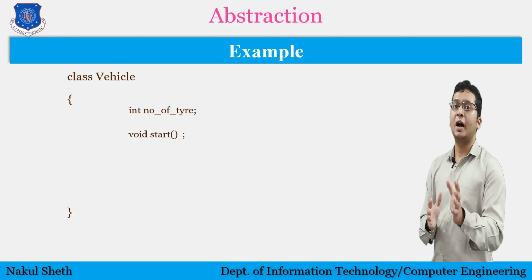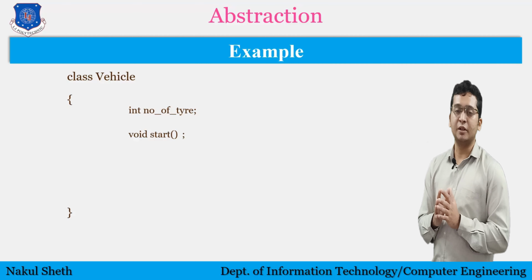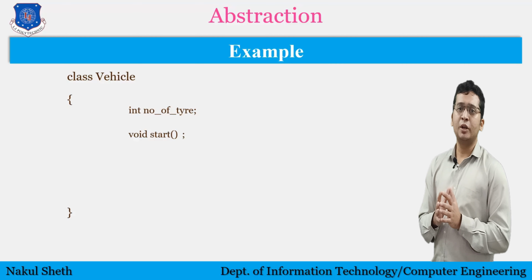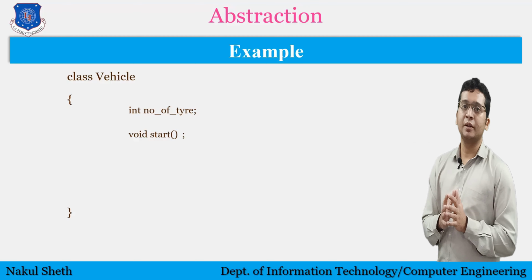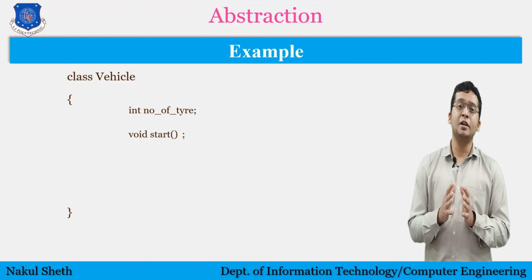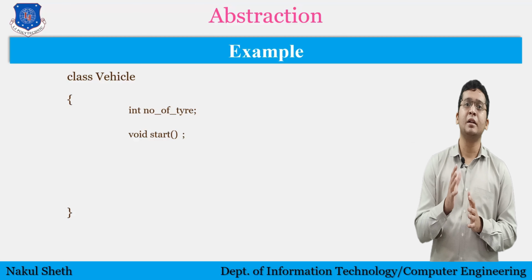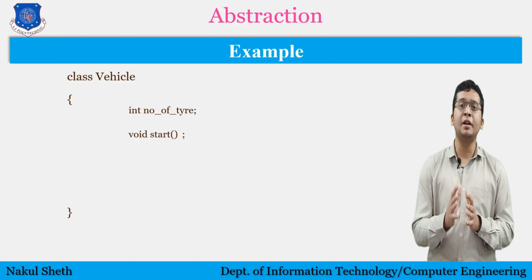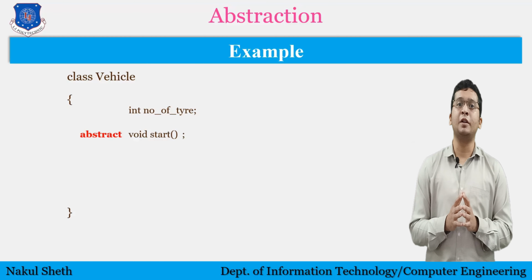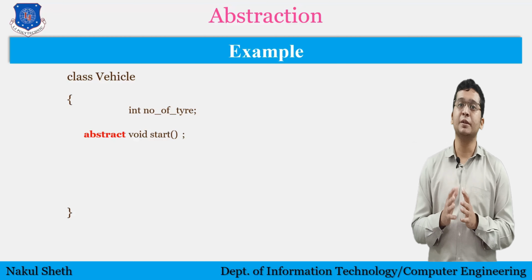So I have hidden the implementation of this method. Now you have noticed several points here. First point, if a method doesn't contain its body part, then that method must be an abstract method, and an abstract method can be created with the help of a keyword, that is the abstract keyword.